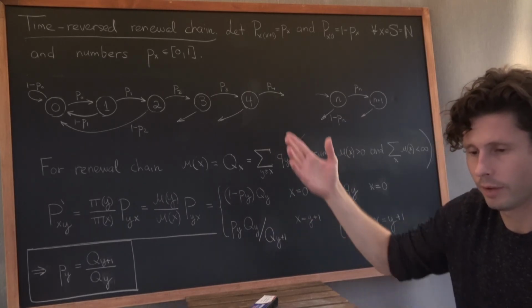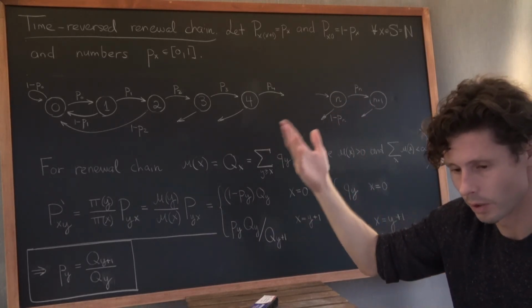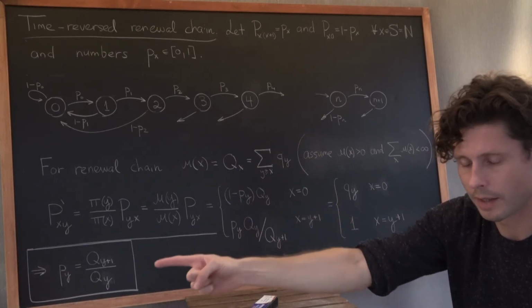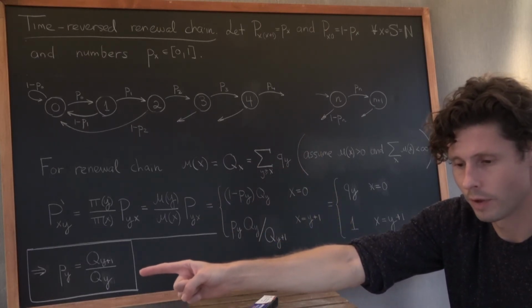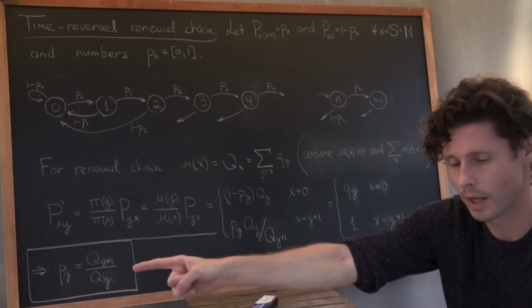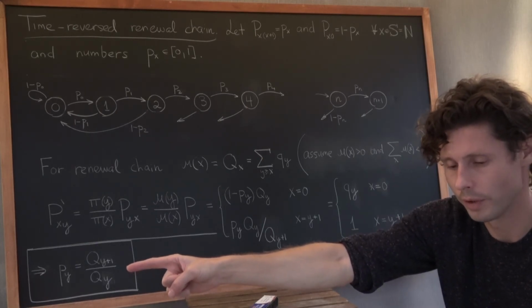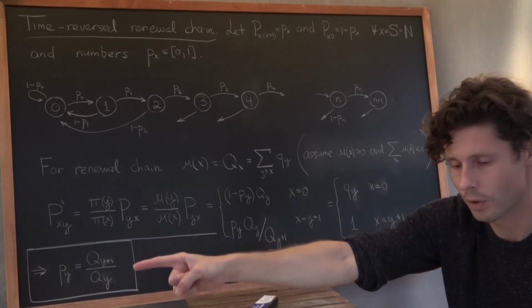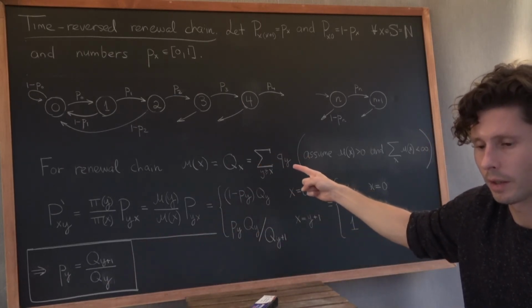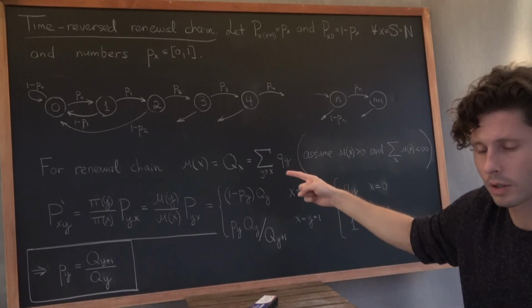Or if, like in this example, I'm given the little PYs, then I can try to solve for the big Qs and then recover the little QYs. This is going to be a longer thing, but that should be possible.